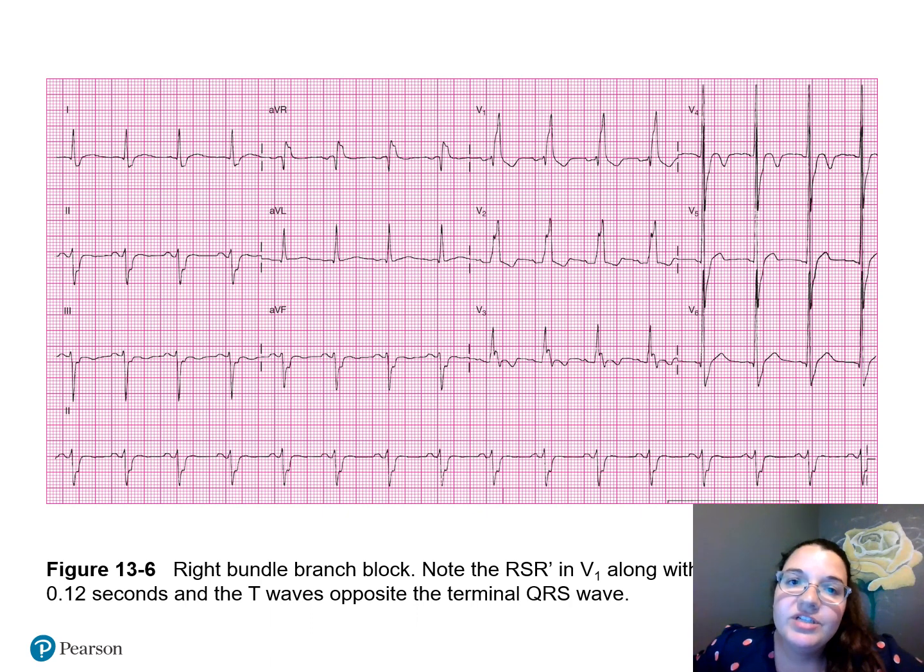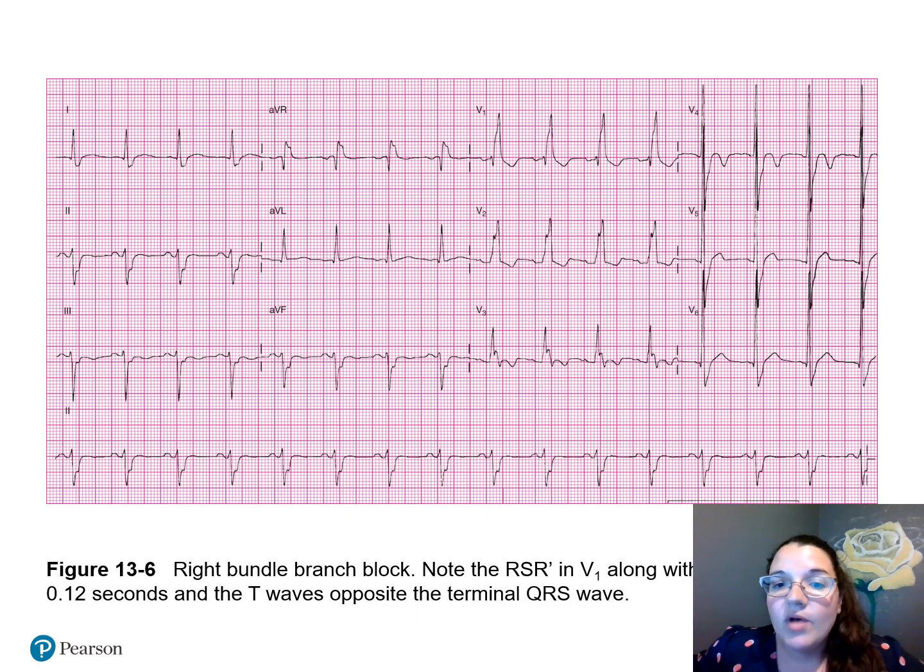I know it's really hard to see that, but if you know your outline, you know we're going to start with lead 1, 2, and 3, AVR, AVL, AVF, V1, V2, V3, V4, V5, V6. And at the very bottom is lead 2.